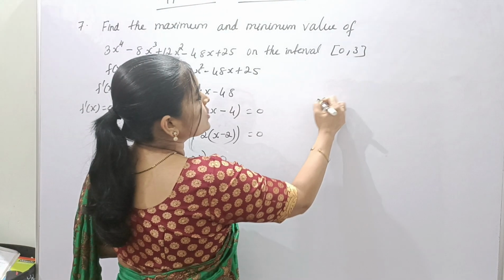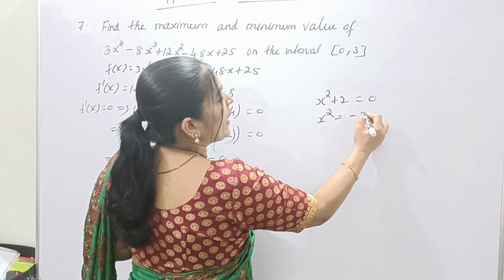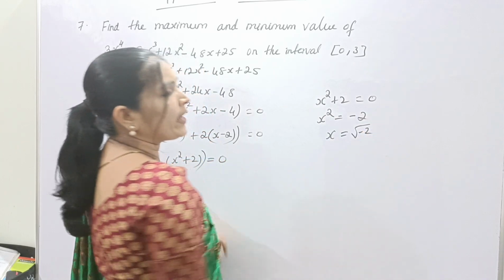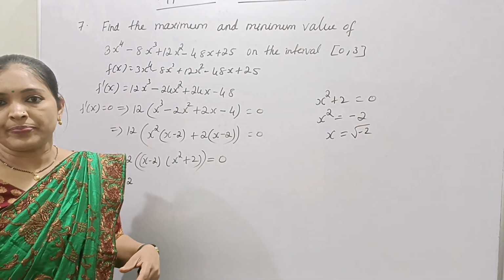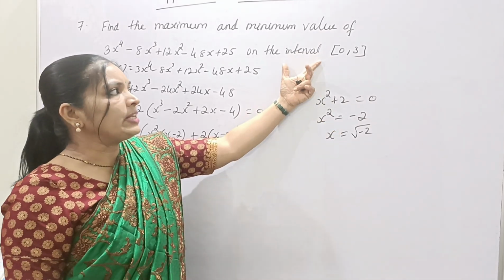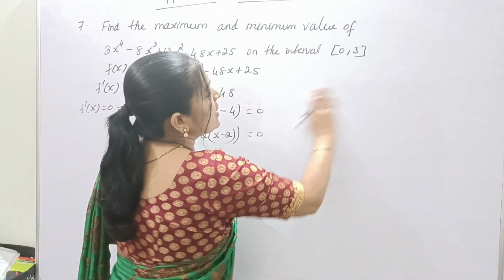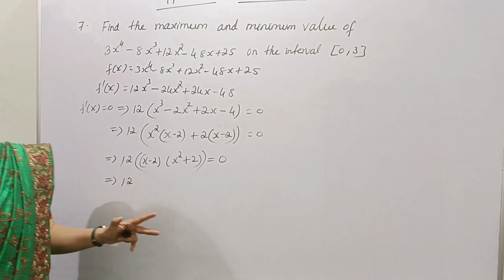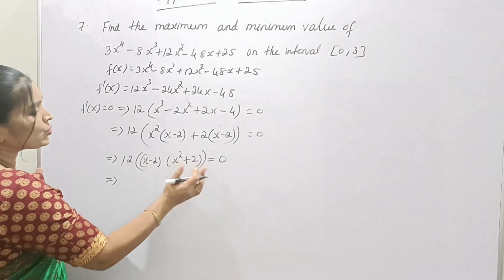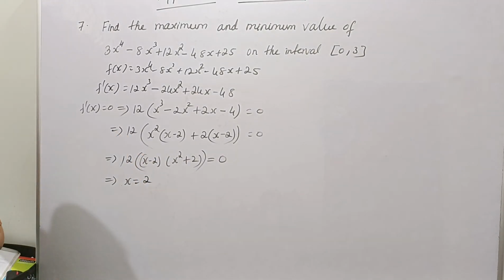Because x square plus 2 is equal to 0 implies x square is equal to minus 2. That means x is equal to square root of minus 2. It will be a complex, imaginary number. Okay, so here our values are real, and it is given that x belongs to the closed interval 0 to 3. Therefore here x square plus 2 is not equal to 0, but x minus 2 is equal to 0. That implies x is equal to 2. So x is equal to 2 is the critical point.